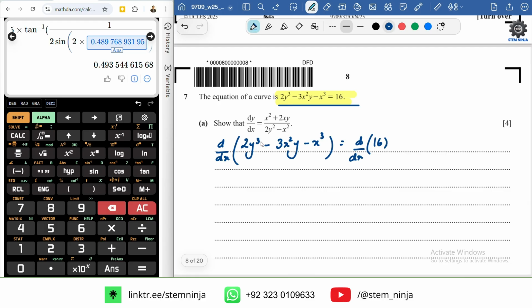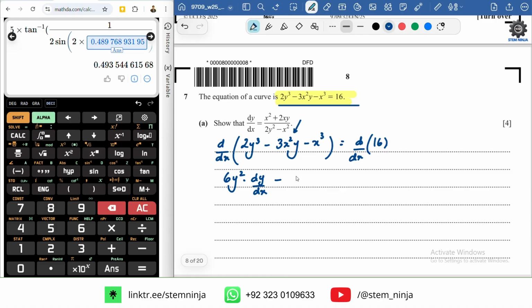So this would be 3 times 2, 6y squared dy by dx minus, and for this one you have to use the product rule over here.